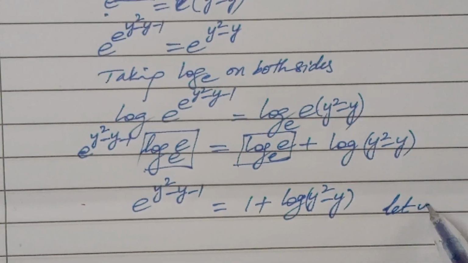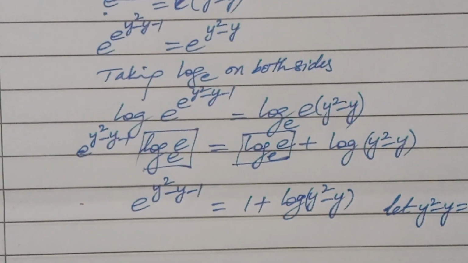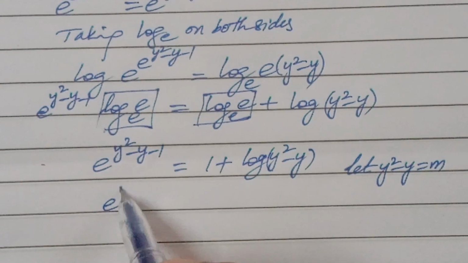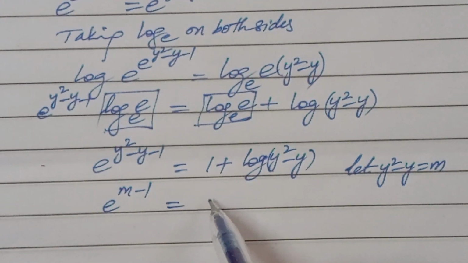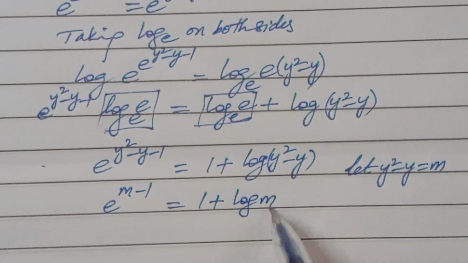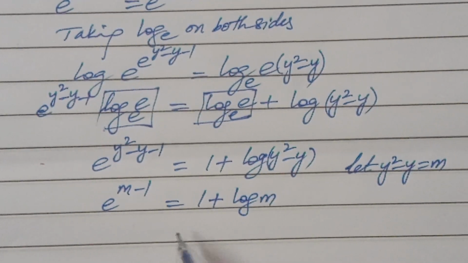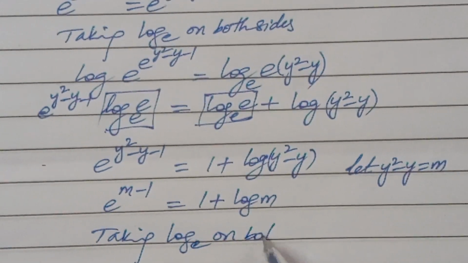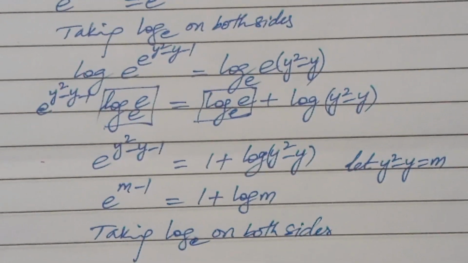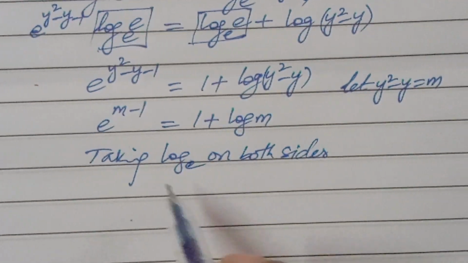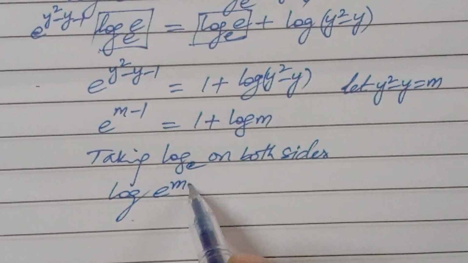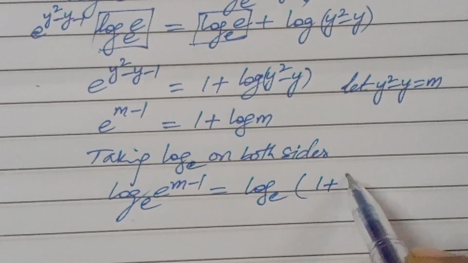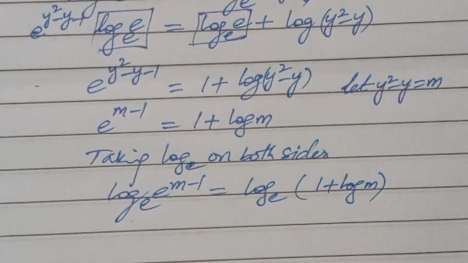Now let us take y square minus y equal to m. Then you will get e to the power of m minus 1 is equal to 1 plus log m. Now again taking log base e on both sides: log of e to the power of m minus 1 is equal to log of 1 plus log m, base e.